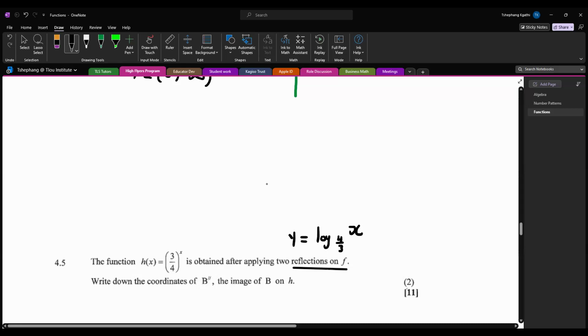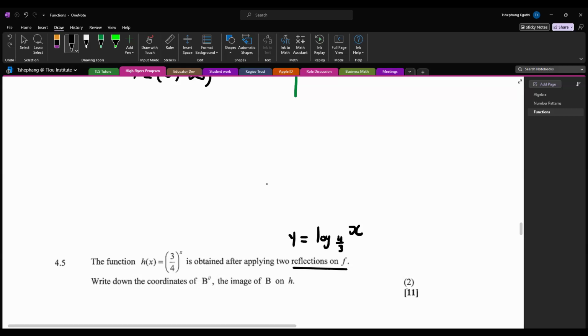All right. Now, if that's the case, they're saying this new h of x is obtained after reflecting f two times. Now the coordinates of b, the image of b on h.